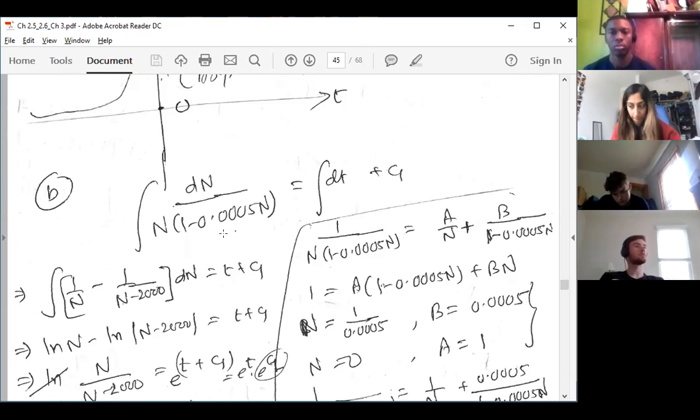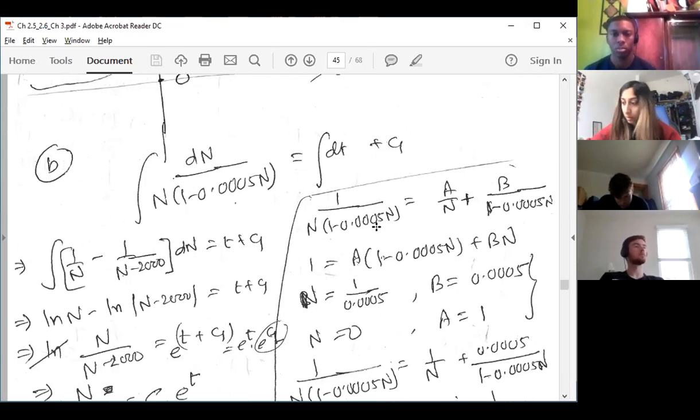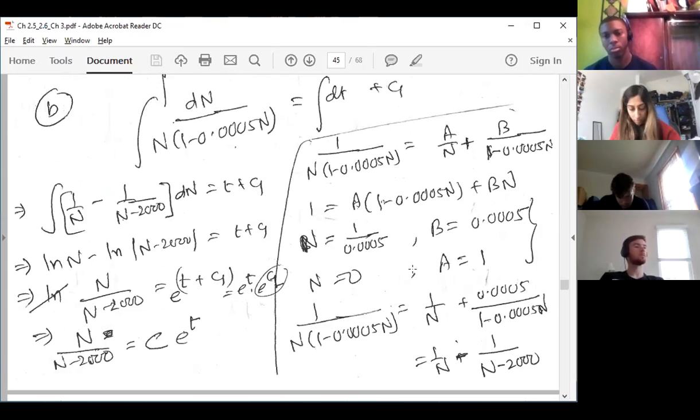Here we have a product of two functions in the denominator. Again, go for the method of partial fractions. I have done the partial fractions over here on your right side. So 1 over n times this one equals a over n plus b over this one, because it's a linear factor. Find your a and b using the partial fraction method.